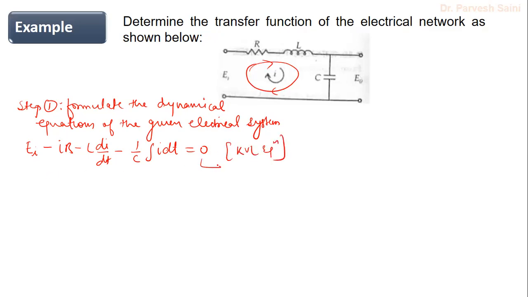Okay, so this is, for example, equation number 1, right? Similarly, we can say the output equation. The output equation is, it is E naught is equal to 1 by C integration into I dt.